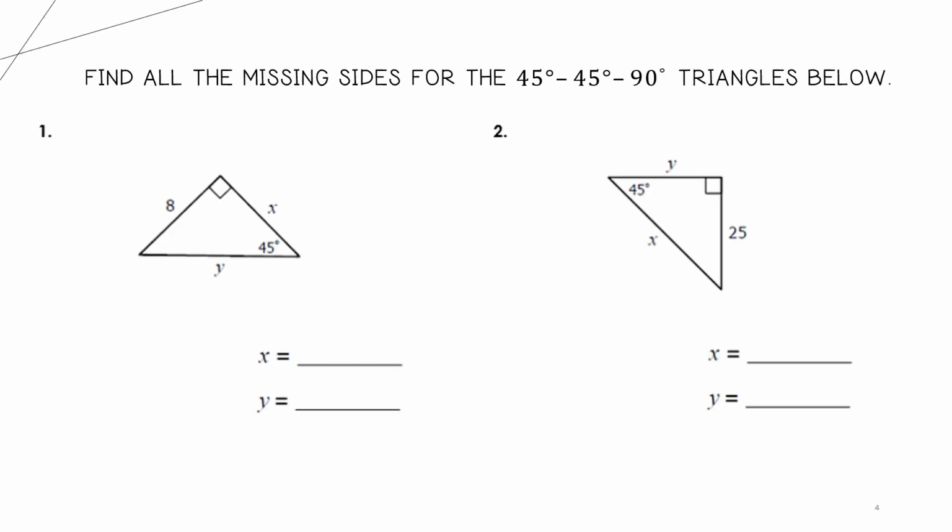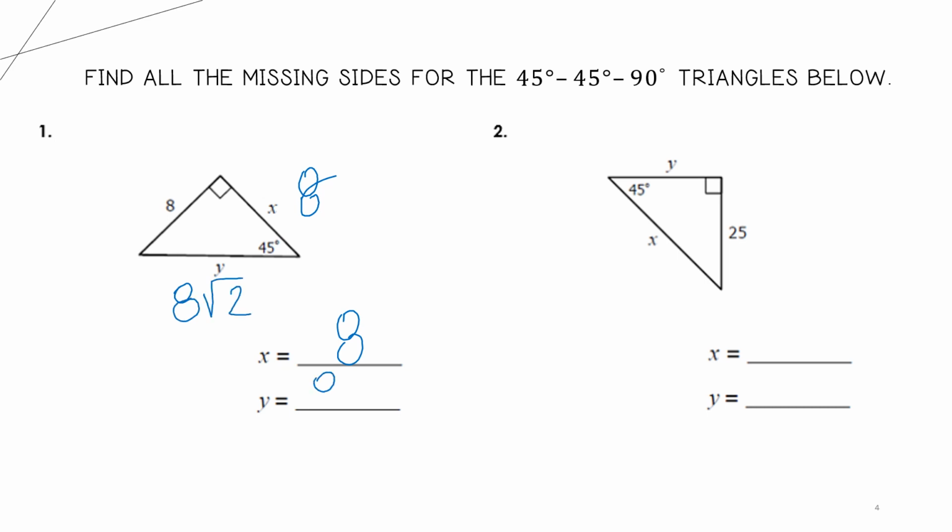So let's look at a few examples. For number 1, we have that one of the legs is 8. So that means the other leg is 8. So x is 8. The hypotenuse, although we could do the Pythagorean theorem, is going to be the leg times the square root of 2.